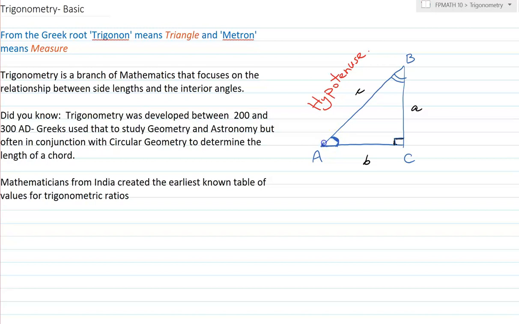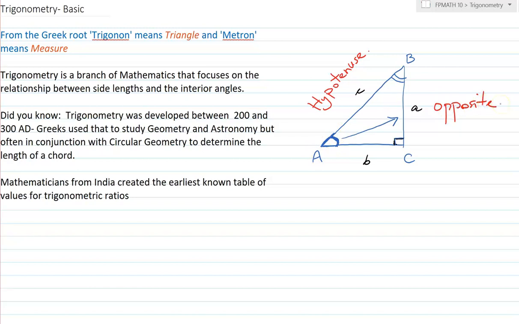Based on this angle, the hypotenuse always stays the hypotenuse, the longest side, but the exact opposite side in reference to angle A is called the opposite side.